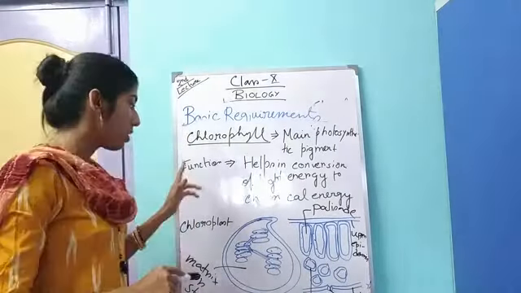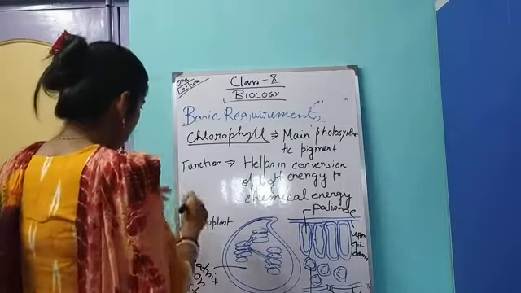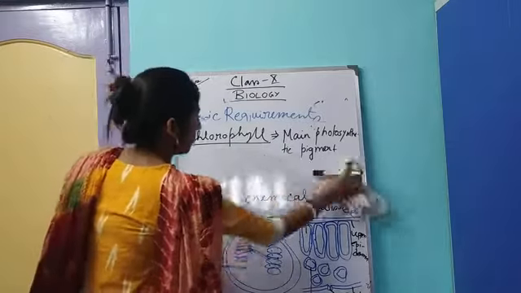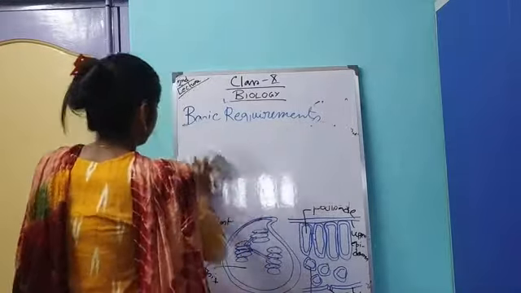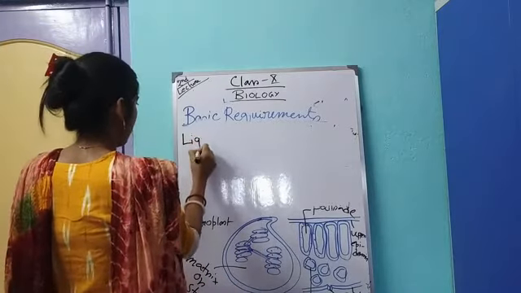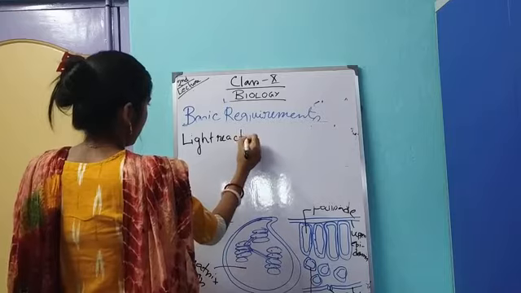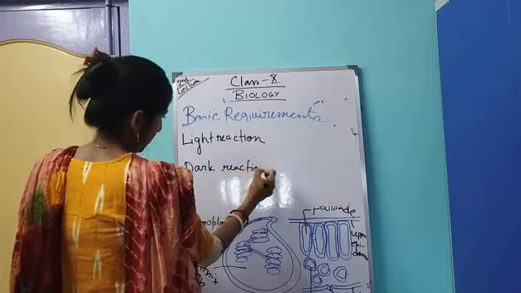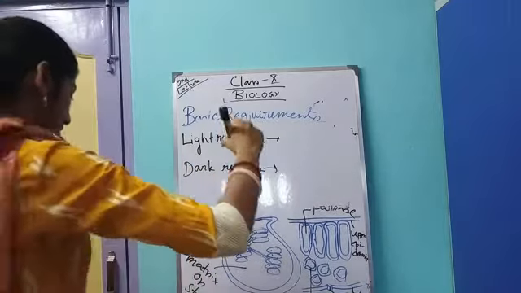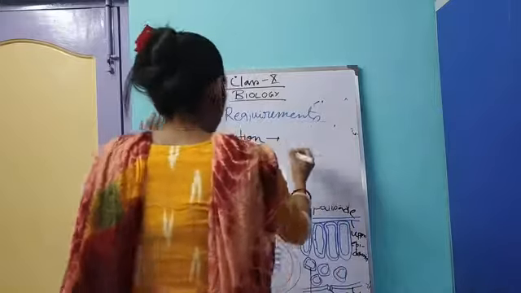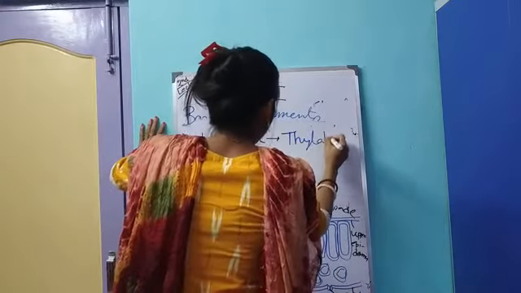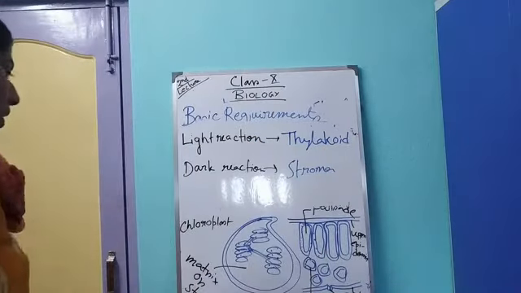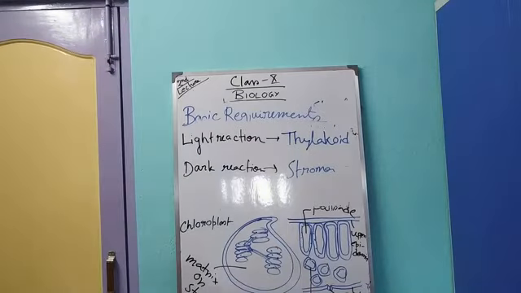The light reaction occurs in the thylakoid region and the dark reaction occurs in the stroma region.